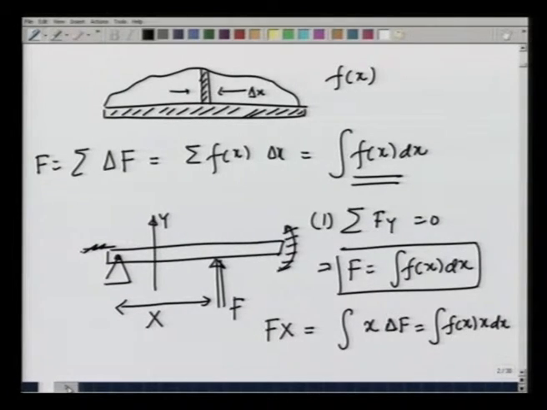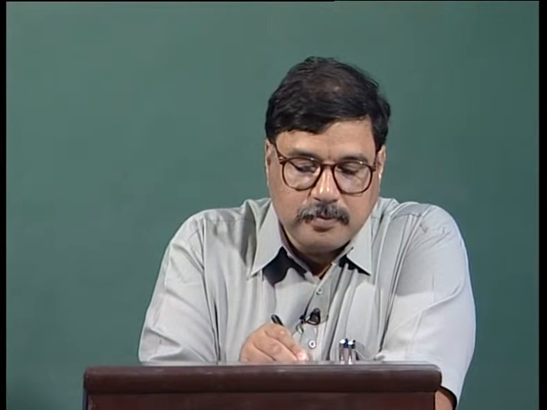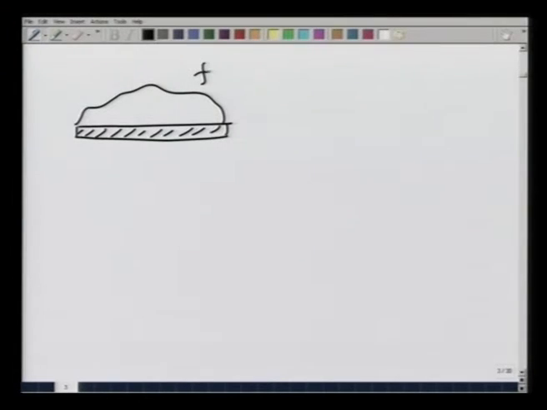So, on this beam, if there is a force distribution f(x), then I have the net force F that I am supposed to apply. This is about this pin joint.